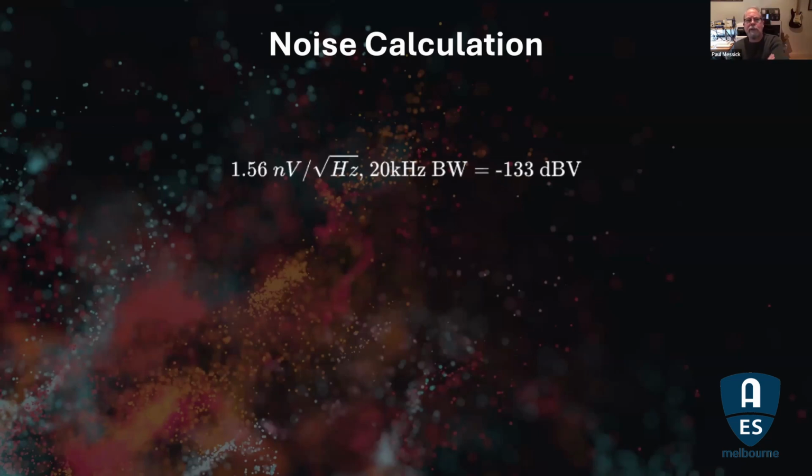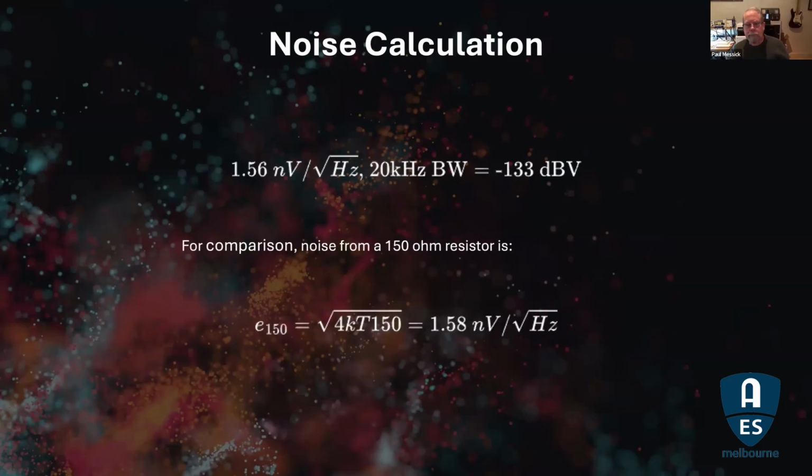So 1.56 nanovolts per root hertz in a 20 kilohertz bandwidth is minus 133 dBV, which is a suspiciously interesting number we've seen somewhere before. It's familiar. So let's compare it to the 150 ohm resistor.